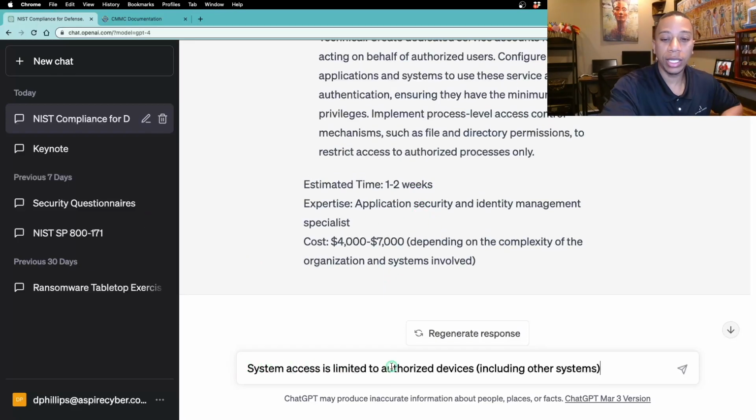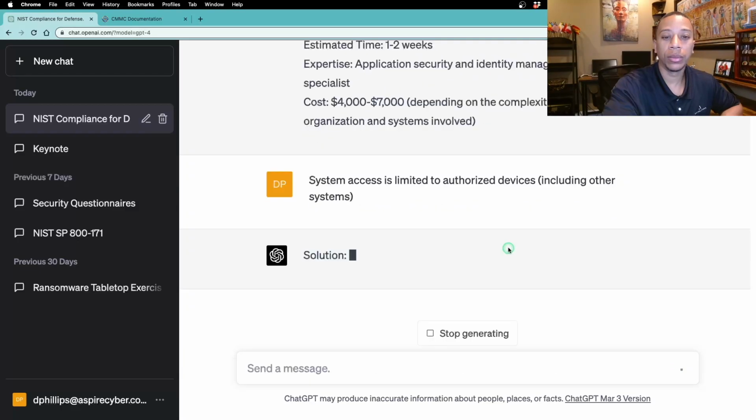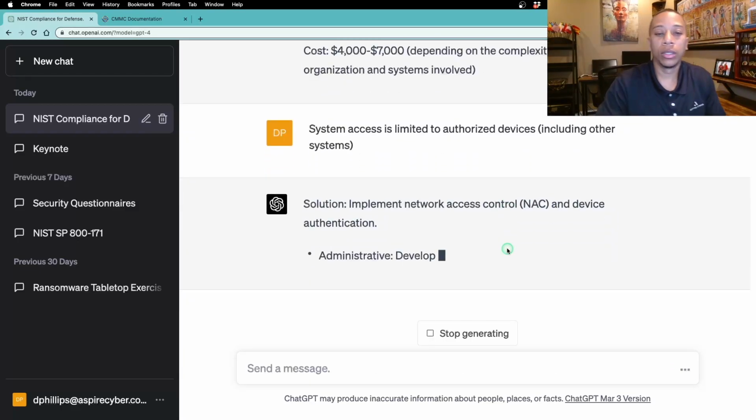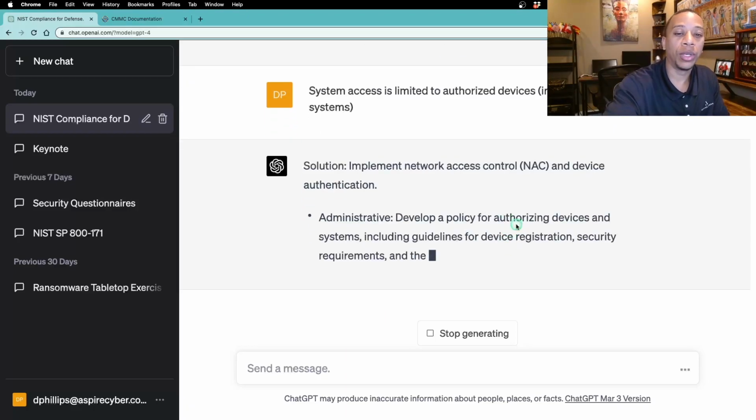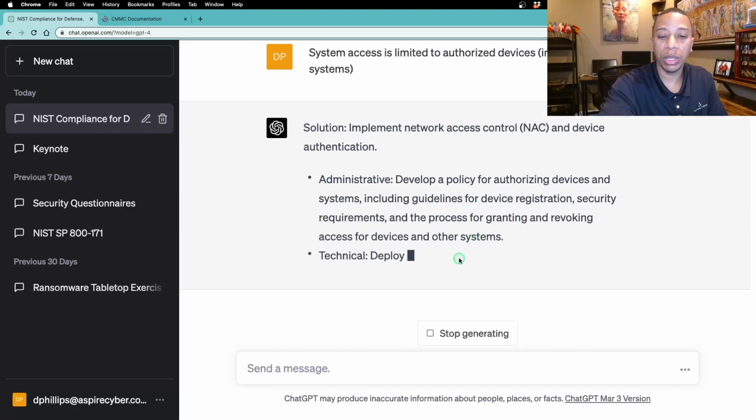This is the last assessment objective for this practice. We want to make sure that system access is limited to authorized devices, including other systems. So still, that network access control device will help us satisfy this assessment objective.